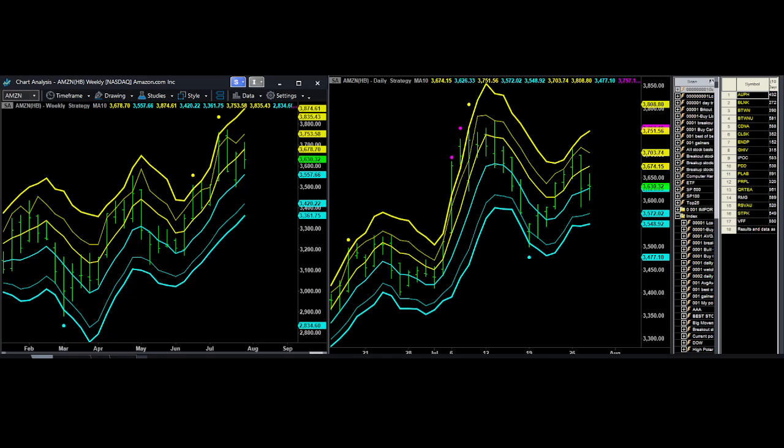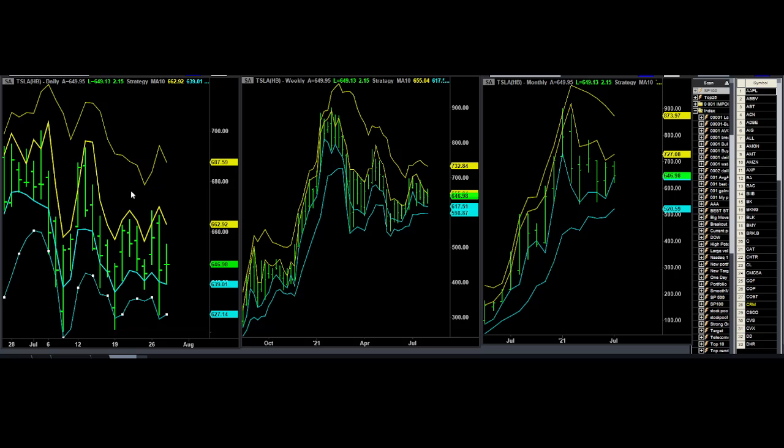So we have another tool to fine-tune the band of the stock price, so capture the actual fluctuation within a specific band. So for example, this is the Tesla stock price, and this is a daily chart, this is a weekly chart, and this is a monthly chart.